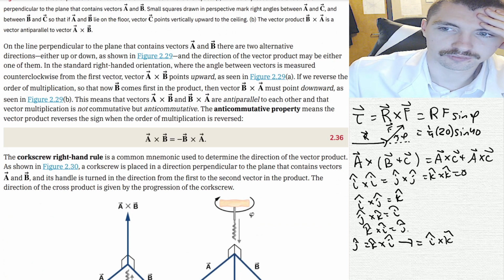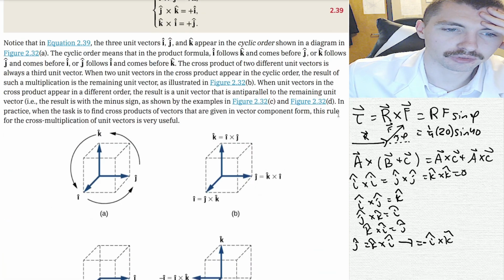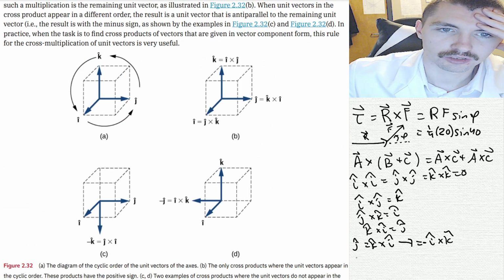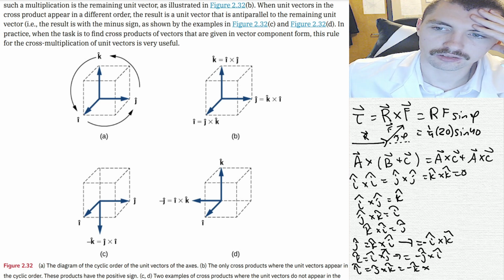It had to be negative I, because this is equal to negative I cross K, if the book's right. So K equals I cross J, which can be written as negative J cross I, equals J cross K equals negative K cross J.